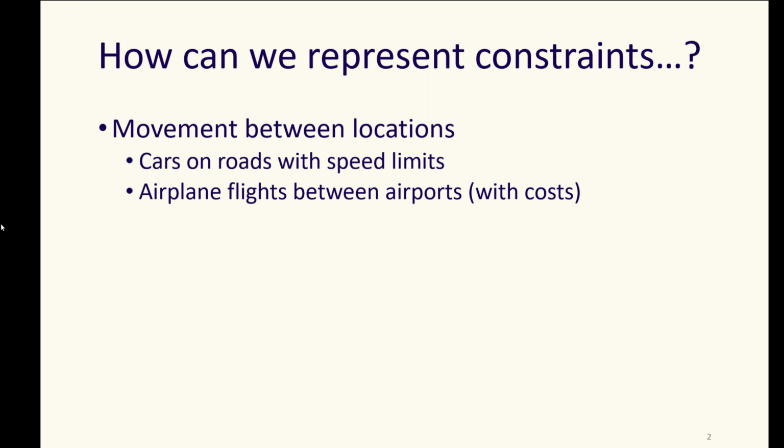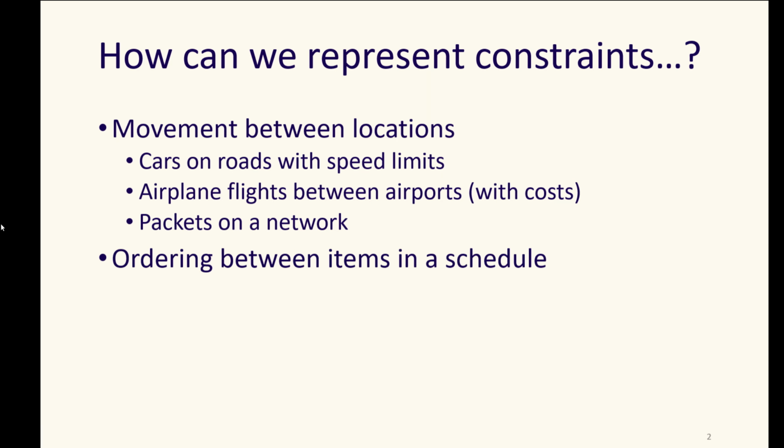Airplane flights between airports, possibly with costs associated with each of those flights. Packets in a network they have to navigate. And so knowing those connections and those constraints, where can you get from one place to another?